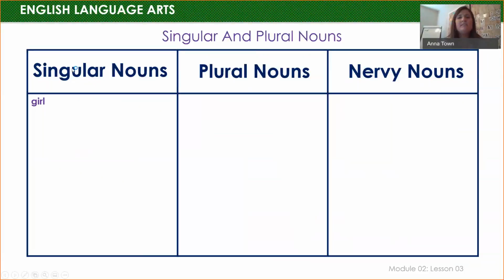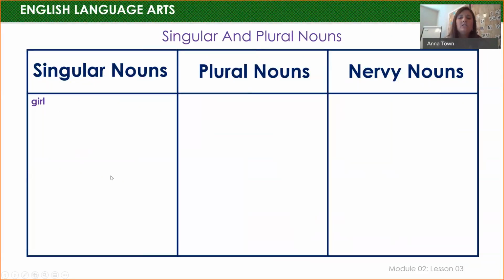Girl is an example of a singular noun. It's just talking about one person. What about the word sun? Sun. Singular. It's one noun. So I want you to put up a 1 for singular or a 2 for plural.